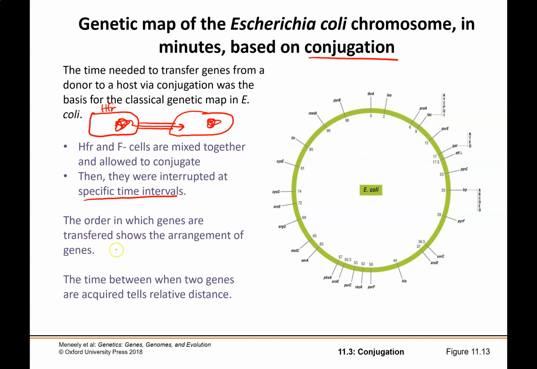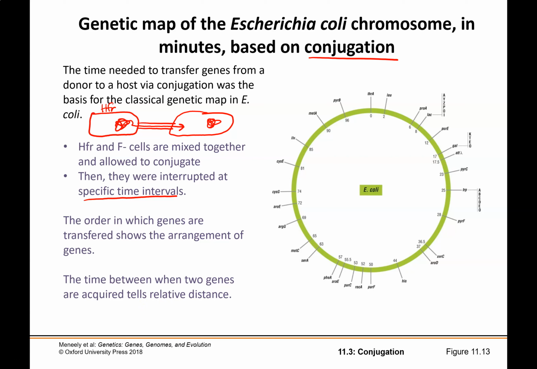So the order of gene transfer, if you monitor the genes that are transferred at time intervals, is going to correspond with the arrangement around the loop. And the time between gene transfers is going to give you a relative distance.